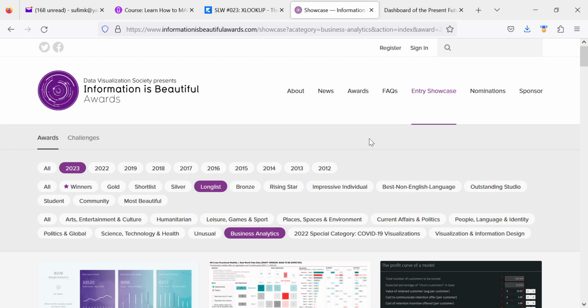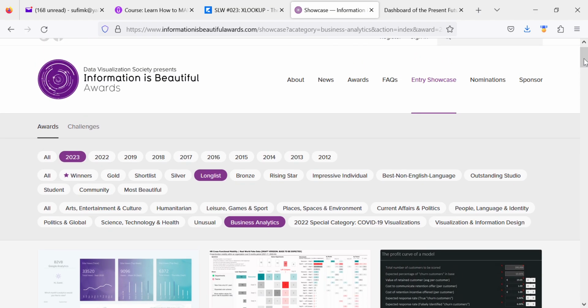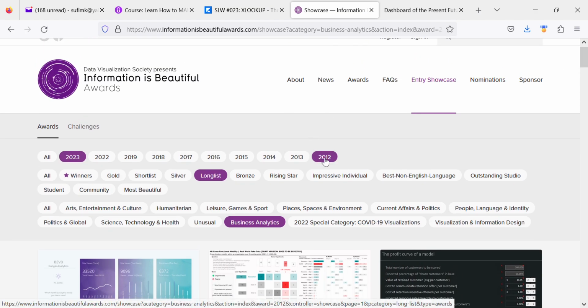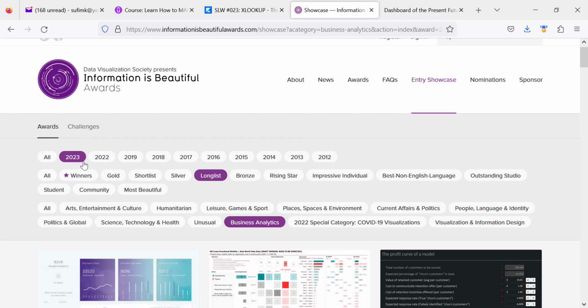Today we are going to see a showcase of data from the Data Visualization Society, which is presented under the theme of the Information is Beautiful Award. The awards are under different categories starting from 2012 till now.